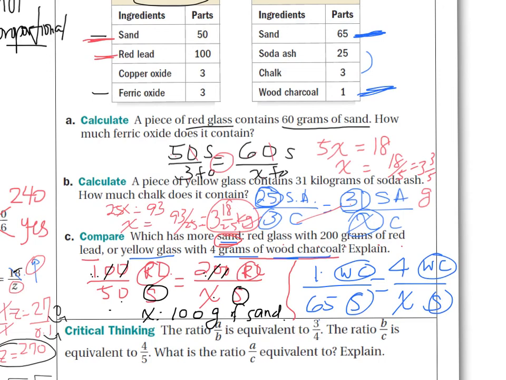So all I do is multiply 4 and 65 to get x equal to 260. So which one has more sand? Obviously it's the yellow glass. So yellow glass will be your answer, because 260 is bigger than 100.